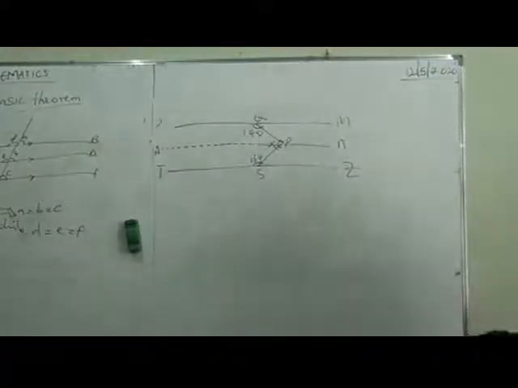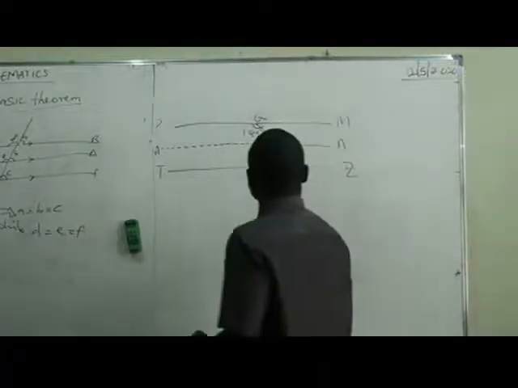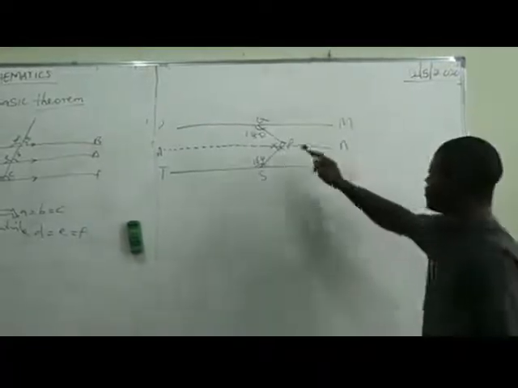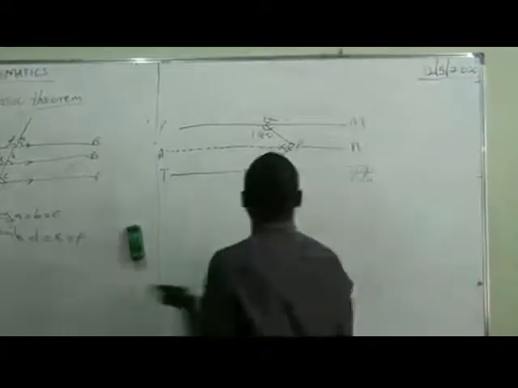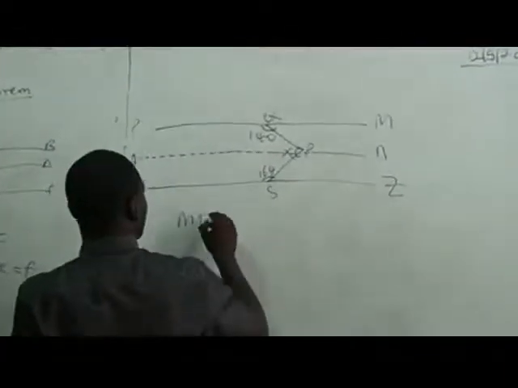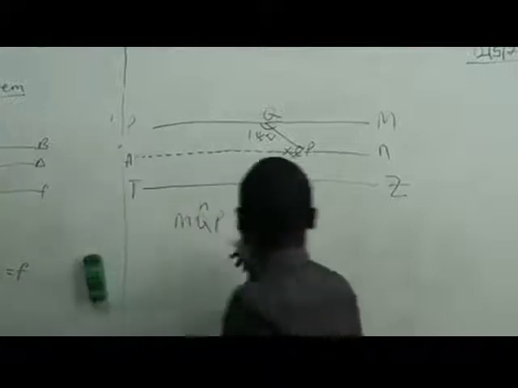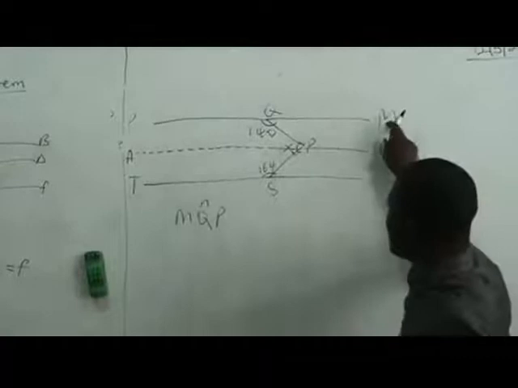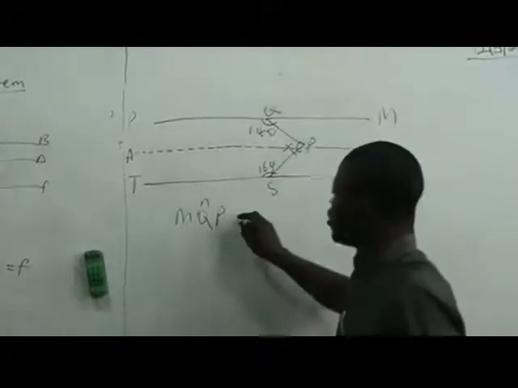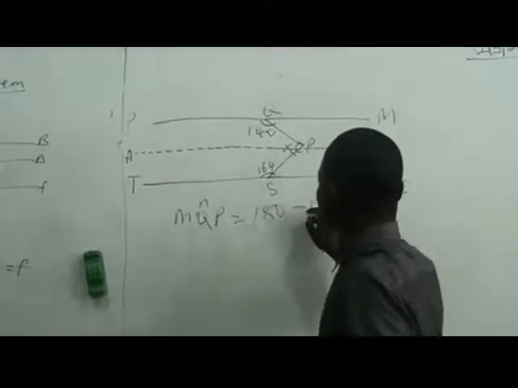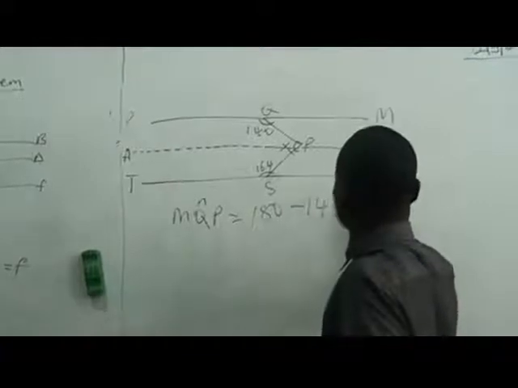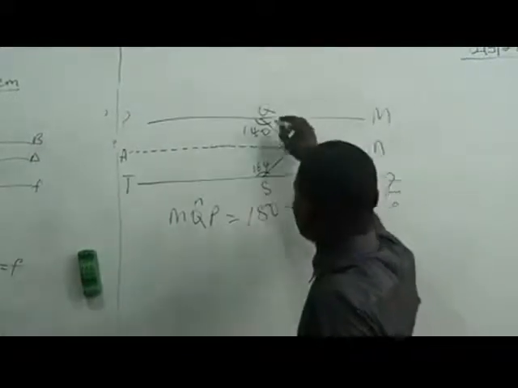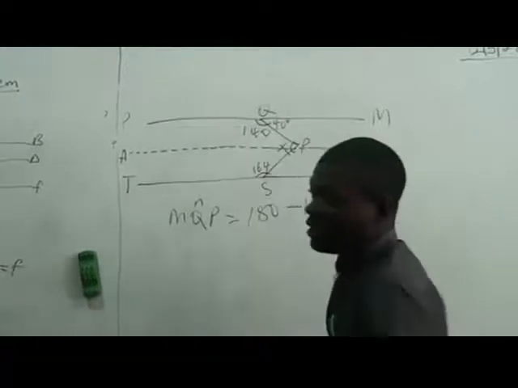Now, if you look at the board very well, you see that there is an angle here. Angle M, Q, P. For you to get this angle M, Q, P, it is going to be 180 minus 140, which equals 40 degrees. That makes here 40 degrees. Now, still look at the board very well.